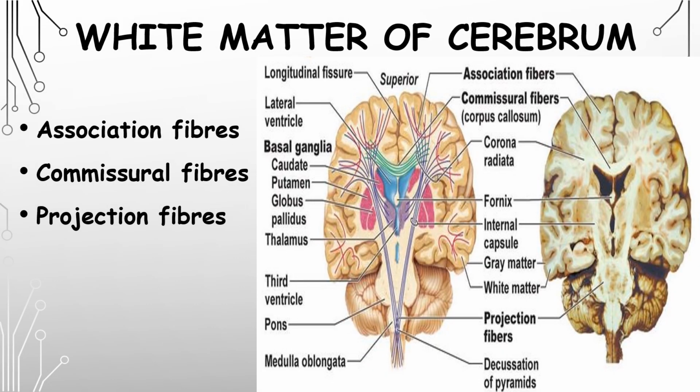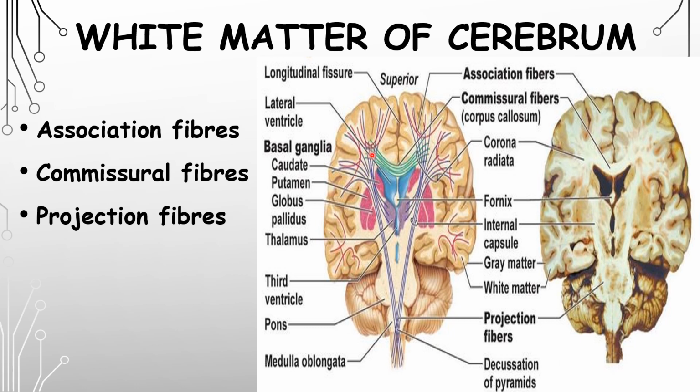White matter of the cerebrum. There are three types of the white fibers. Association fibers, they are concerned with the connection of different gyri of the same hemisphere. Here you can see, of the same hemisphere, different gyri. And then commissural fibers, so they connect the corresponding parts of the two cerebral hemispheres with each other.